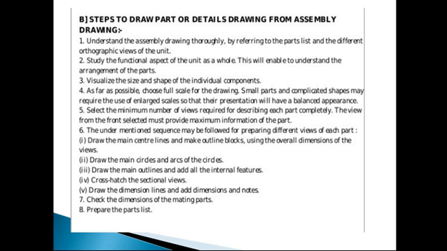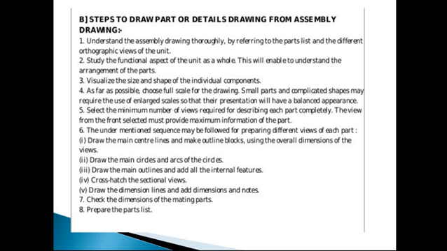Then draw the main circles and arcs of the circle. First draw a circle, so that it is very easy to transfer into other views. So draw the main circles and arcs first, then draw the main outlines and add all the internal features.